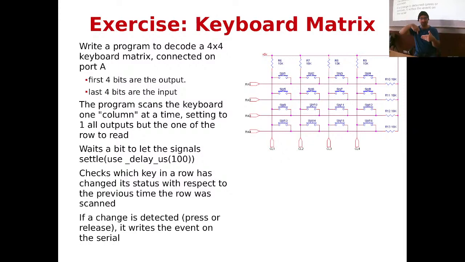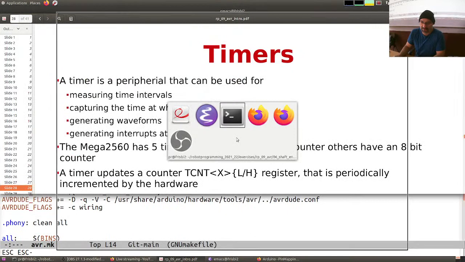When an event has occurred, so when something has changed, when the configuration of before is different from the configuration of now, you detect which key has been pressed or released, and you send this event to the computer. Right? Now, once again, let's go to the solution of this exercise.